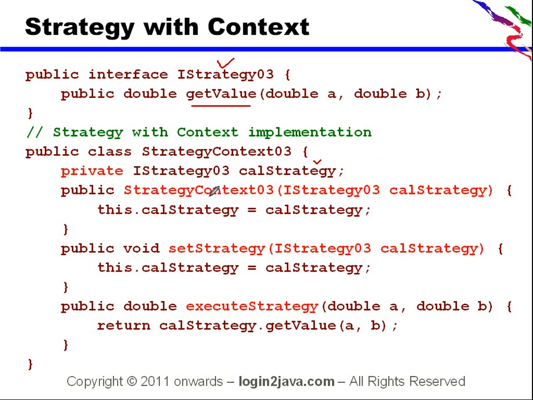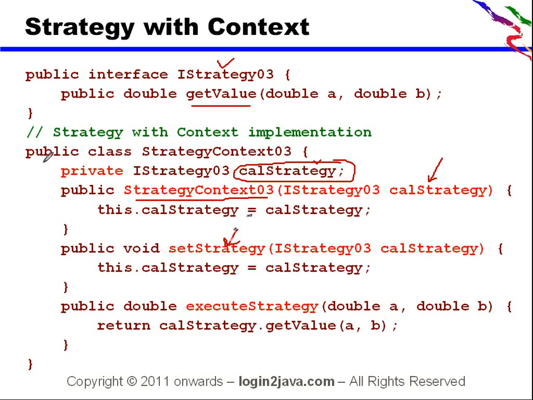Then we are having a constructor for this strategy context, where we can pass on our initial first strategy that will be assigned to this reference. So the initial strategy can be available through the constructor, but later on, if you need to change the strategy, you need this method to be used for this same context.